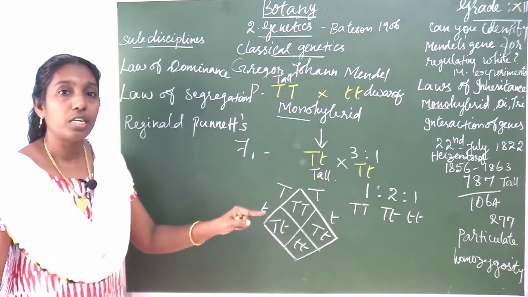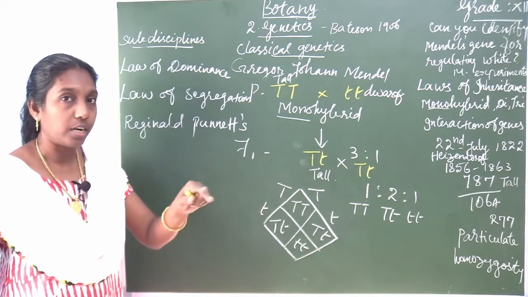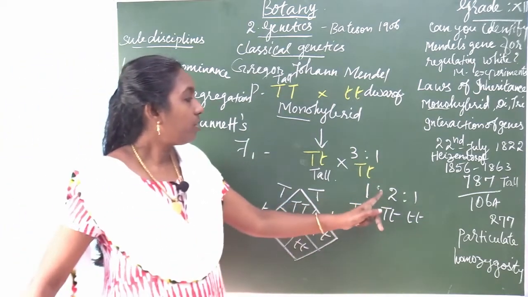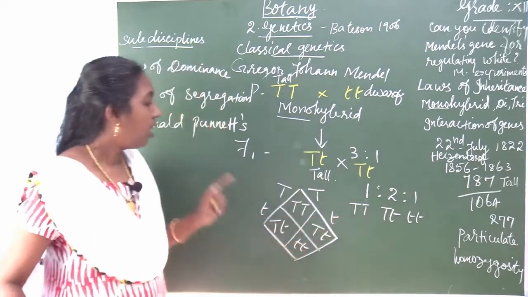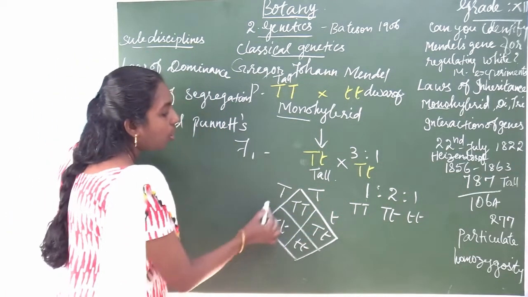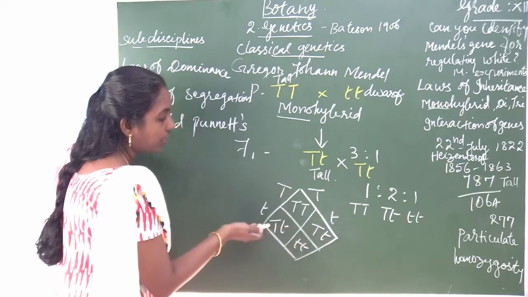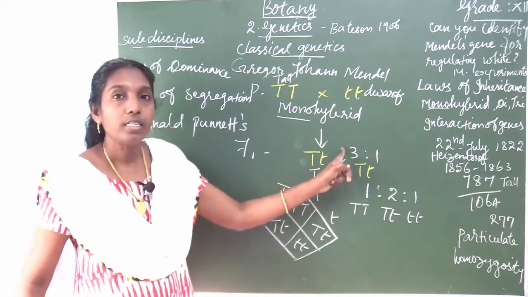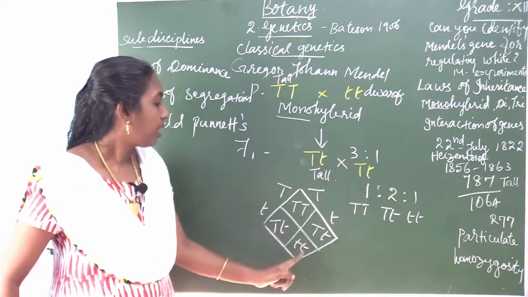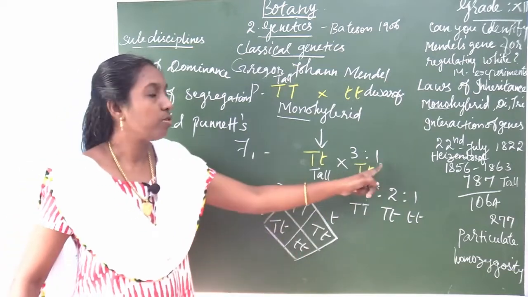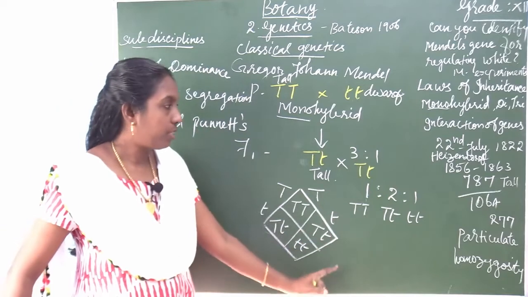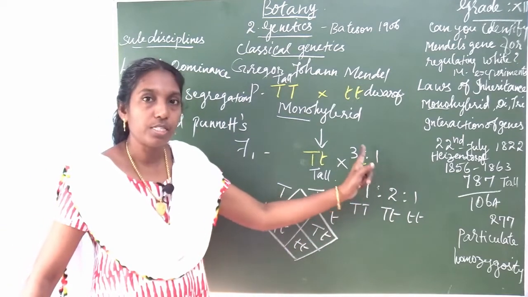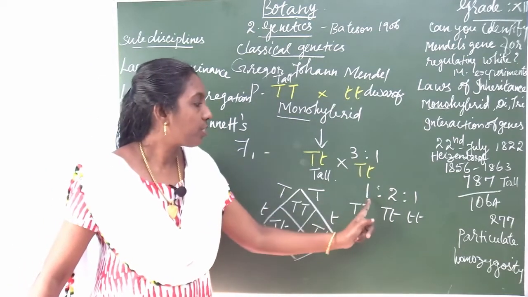So, in the F2 generation, the second filial generation, the genotypic ratio is 1:2:1, but these three are expressed either homozygous or heterozygous, which shows the tall character, and this is the one which shows the dwarf character. So, under monohybrid cross, the phenotypic ratio is 3:1, genotypic ratio is 1:2:1.